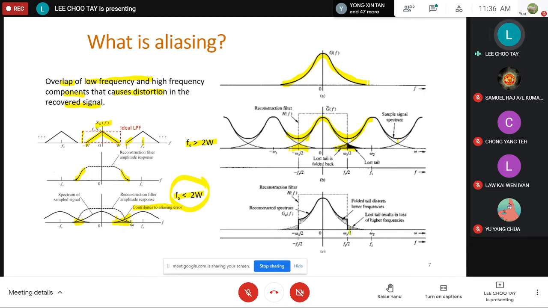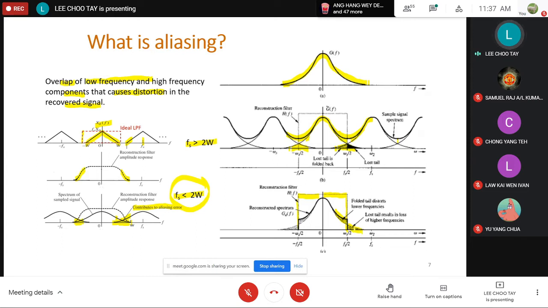And after you have recovered it with the filter, even though your filter is ideal, in this case we show you an ideal filter where you have a sharp cutoff, because you have folded tails over here, overlapping, this amplitude has been changed. You have also lost the higher amplitude information.